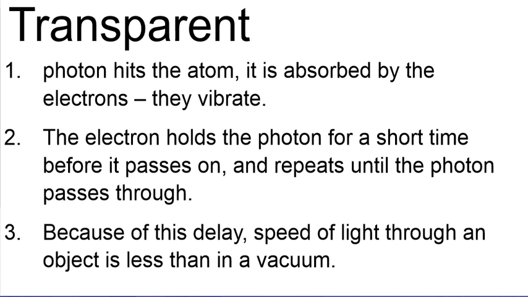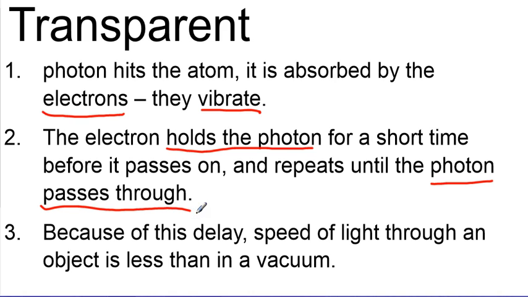And from here, for transparent, when this photon hits the atom, it's absorbed by the electrons and causes those electrons to vibrate. From there, the electron actually holds onto the photon for a short amount of time before it passes it on, and it repeats this until the photon has passed through the material, whatever it is that is transparent.